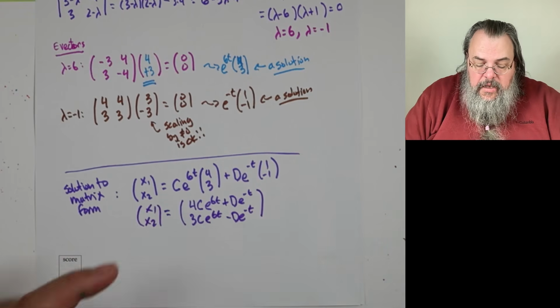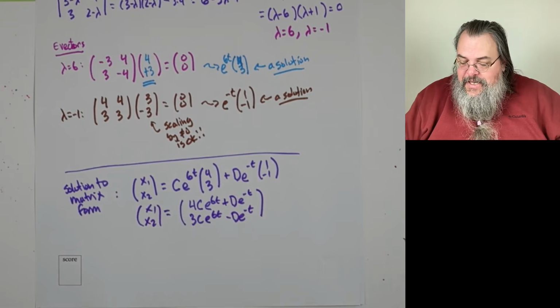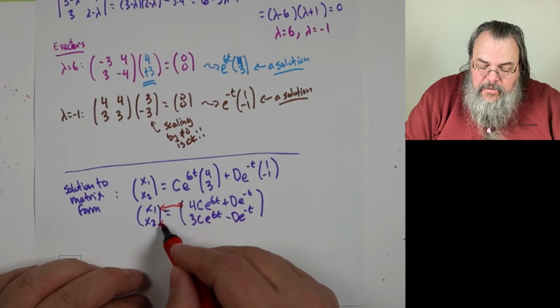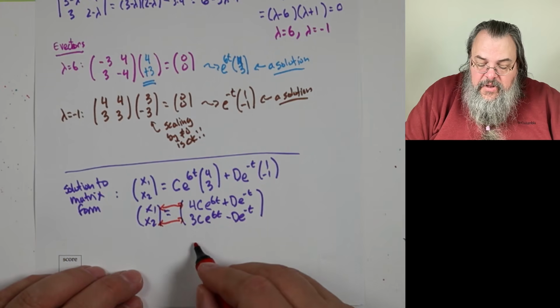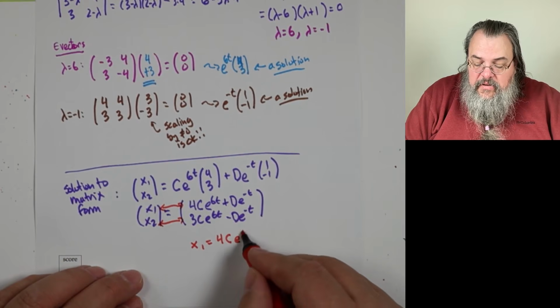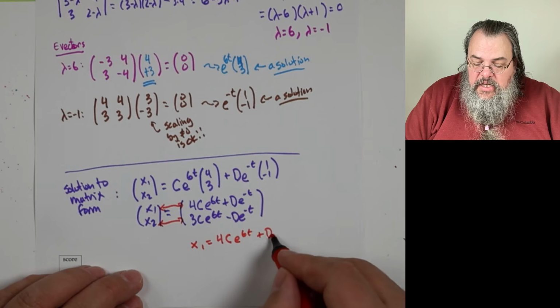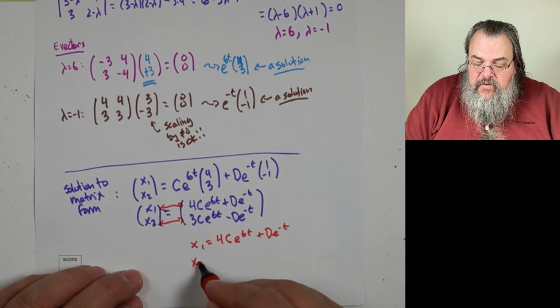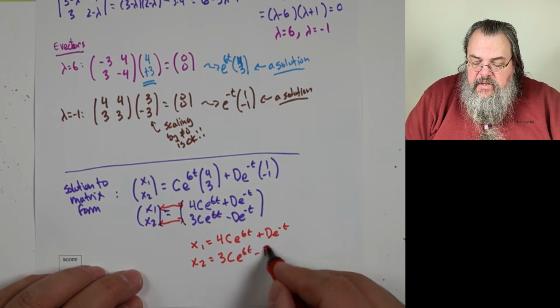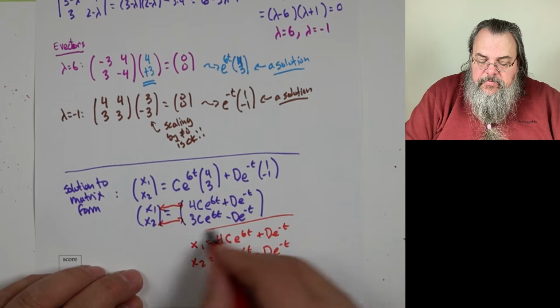And now we're like, hey, whoa, hold on a second. I just read across. The first entry is x1. The second entry is x2. So our solution is x1 is 4c e to the 6t plus d e to the minus t. And x2 is 3c e to the 6t minus d e to the minus t.